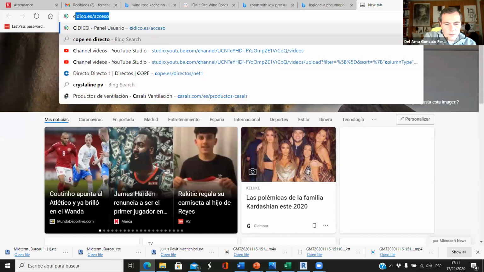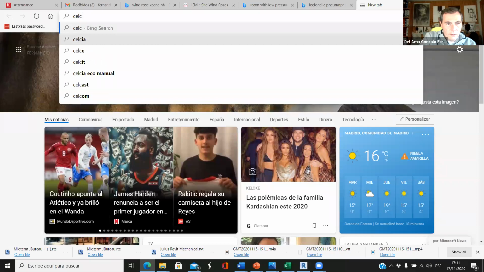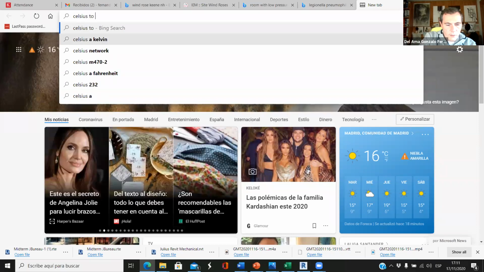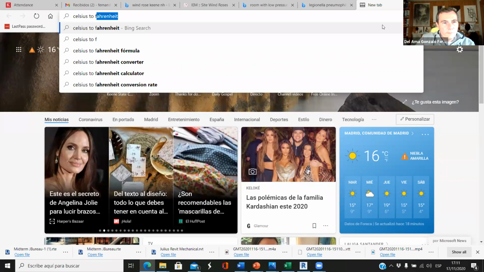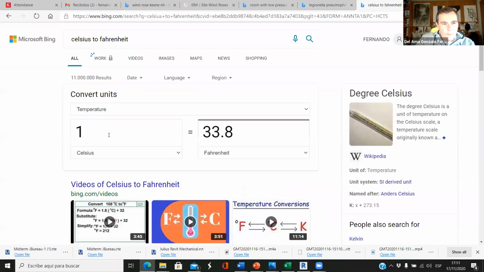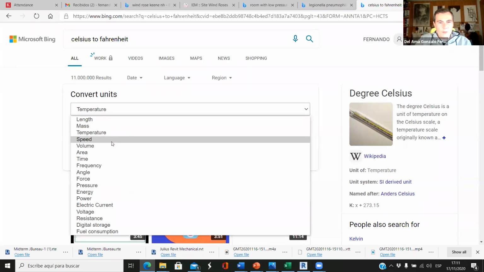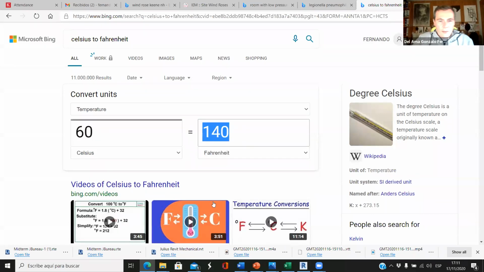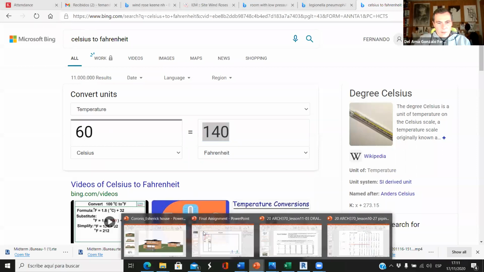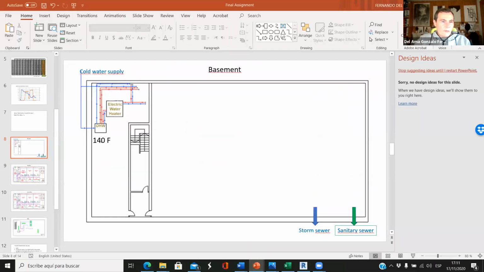So we have to convert to Fahrenheit. Okay, so around 60 Celsius, yeah, I wasn't sure, it's 140 Fahrenheit. So the temperature here is 140 Fahrenheit.